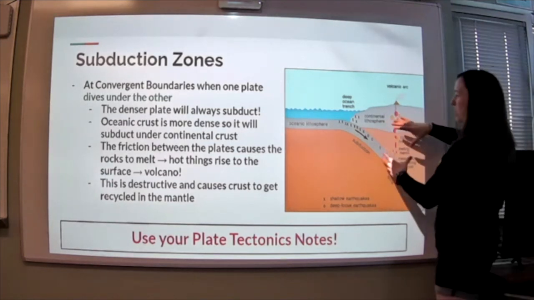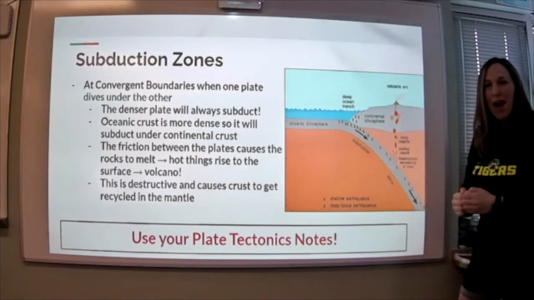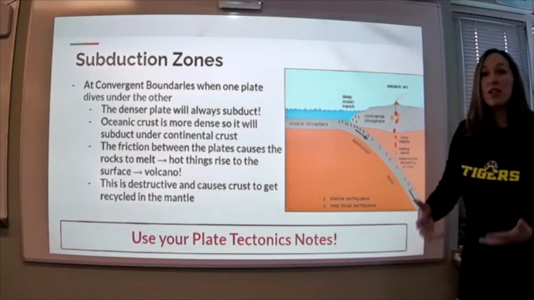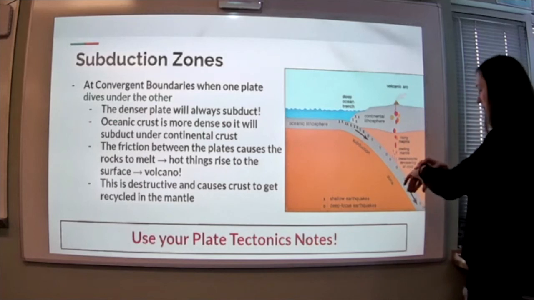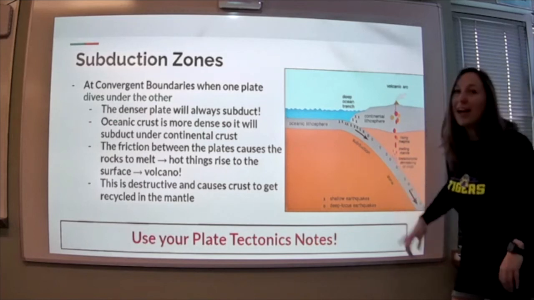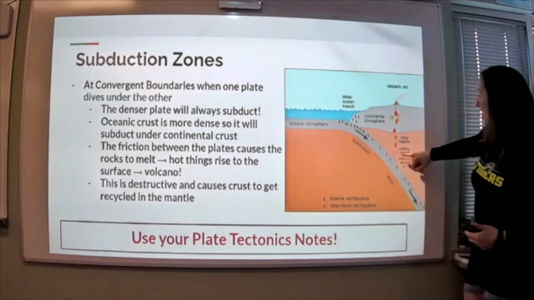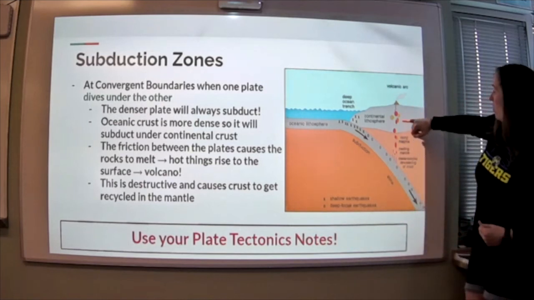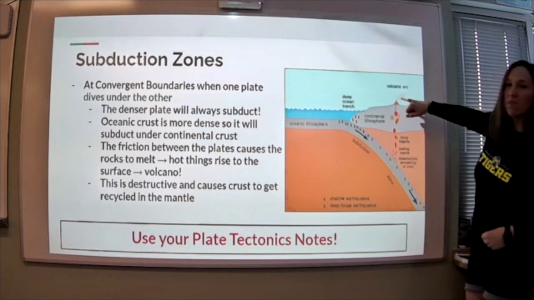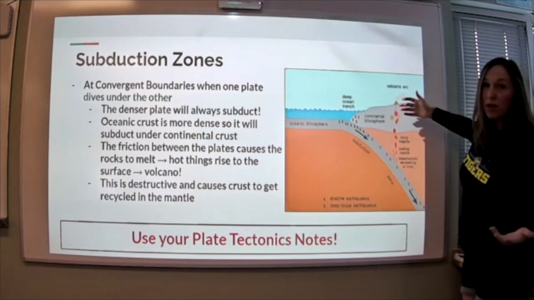The friction between these plates causes the rock to melt and turn into magma. As it melts, it becomes what? Less dense, because it's getting hotter. So it goes all the way to the top and we get a volcano, which is constructive. It's making more land.